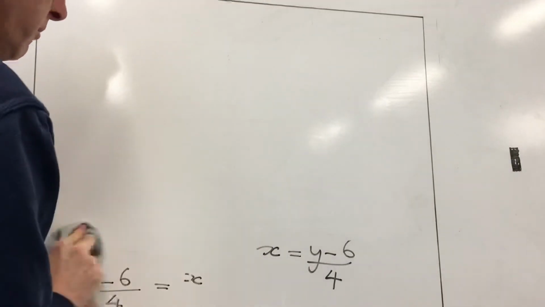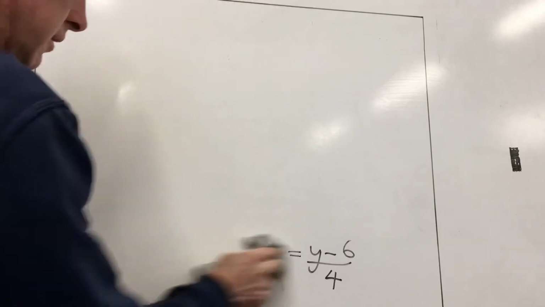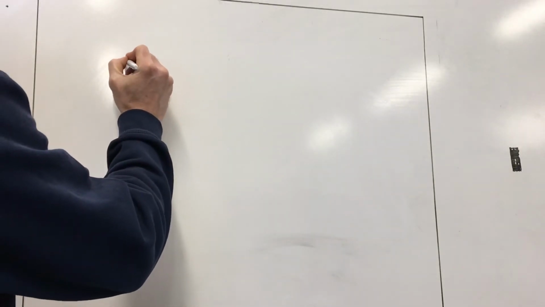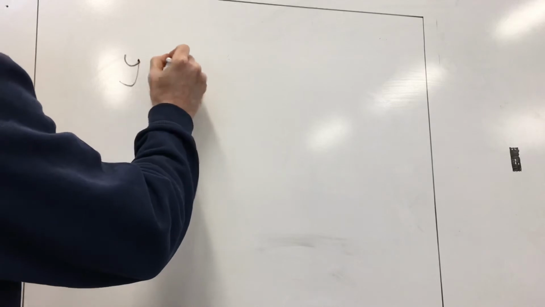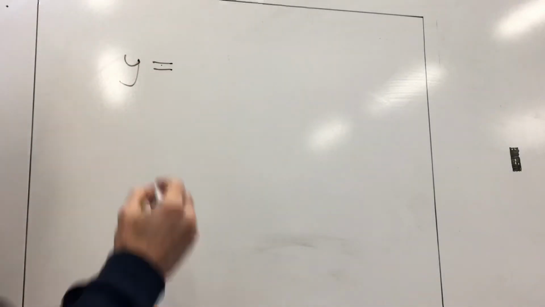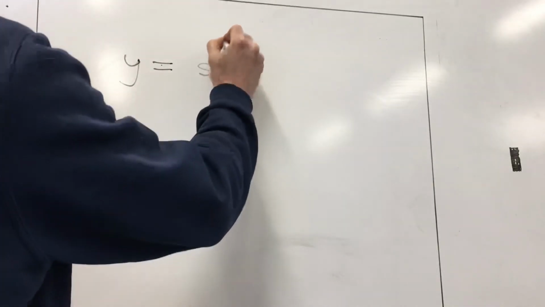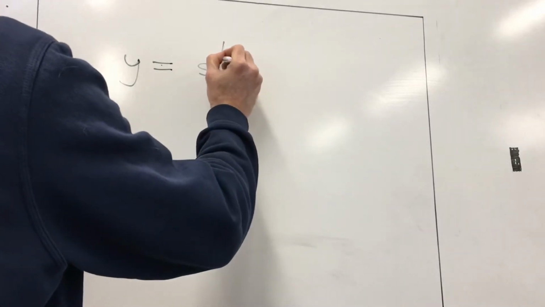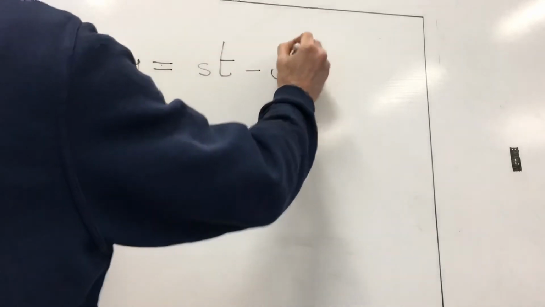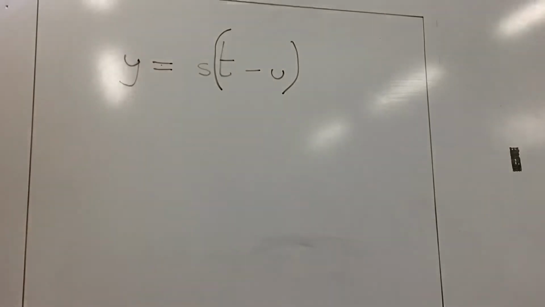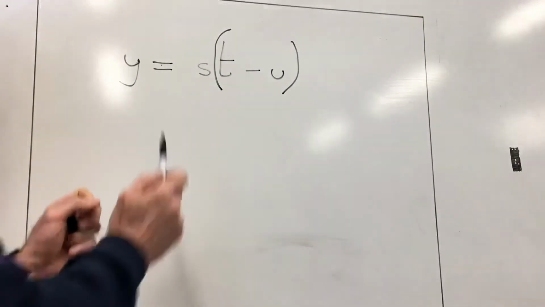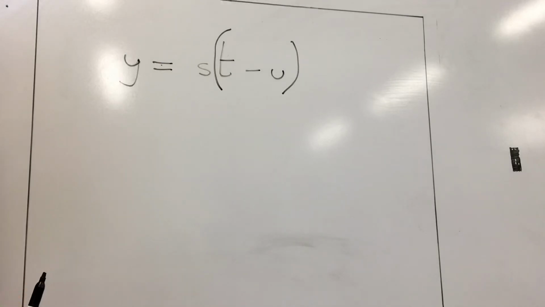Okay, we might have a question like y equals s multiplied by t minus u. Okay, now they are all unknowns, and it might say to you, make t the subject of the formula.